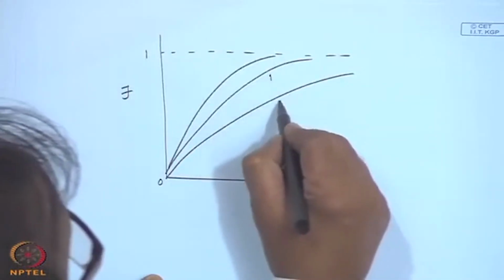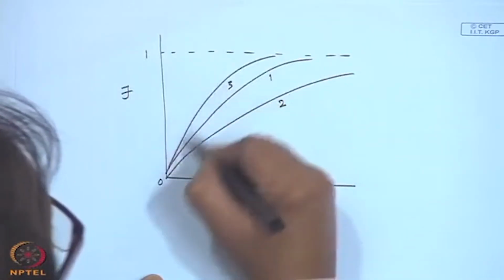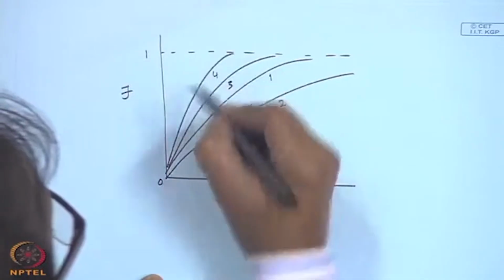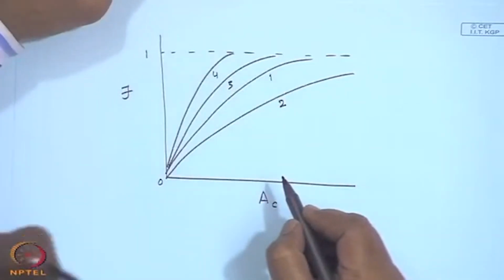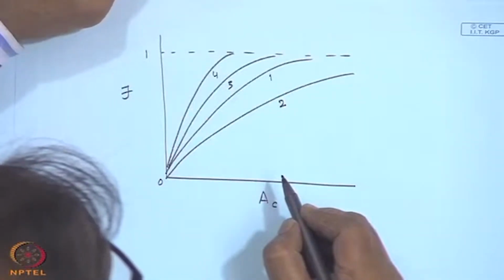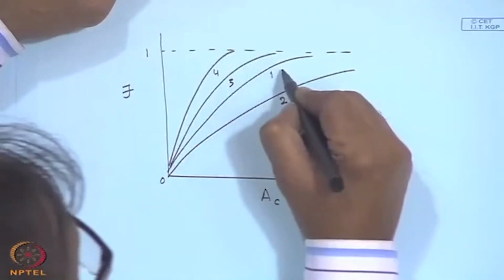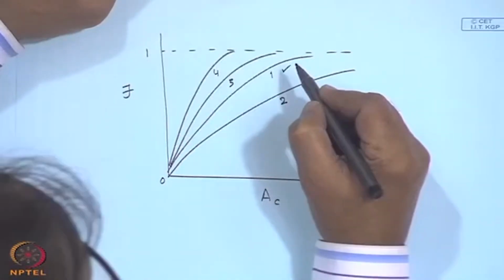This may be 1, 2, 3, another 4. We try to ascribe the differences. This may be a typical location, typical application.